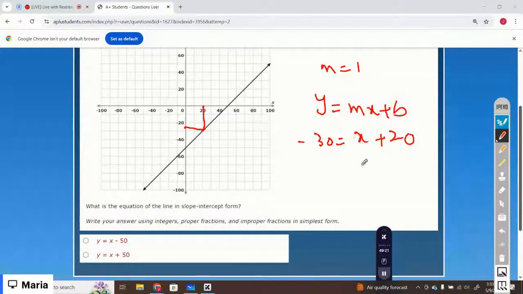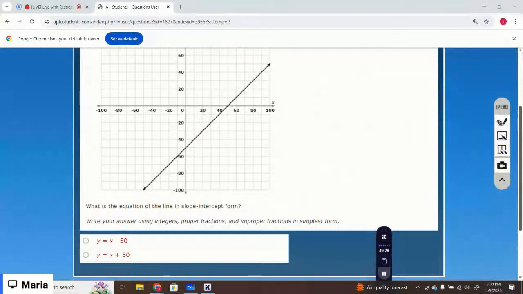Oh, negative 30. So then x plus 50. Option number 2 is the correct option. That is y equals x plus 50.